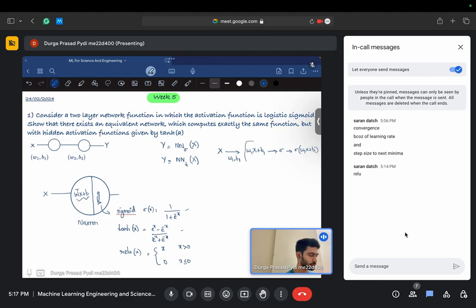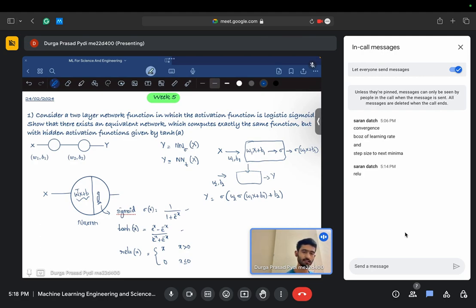So this entire thing is your first neuron, and from there you pass the second weights w2, b2, and then a similar thing happens here, and finally you have y. So y is now sigmoid of... this is straightforward.